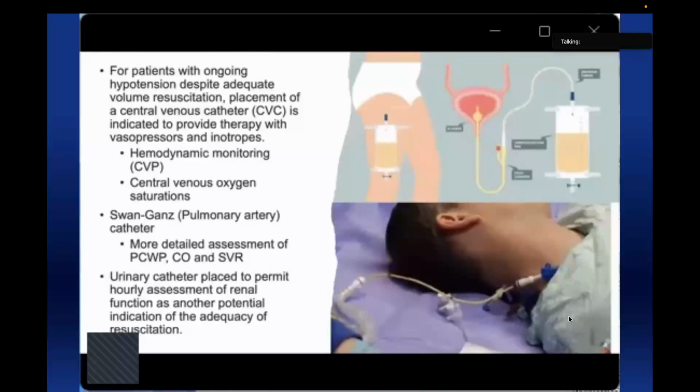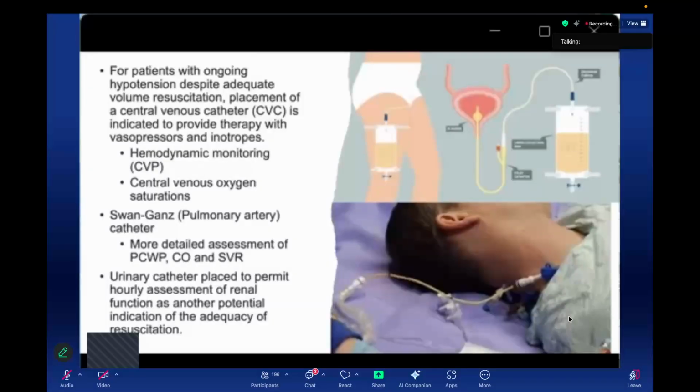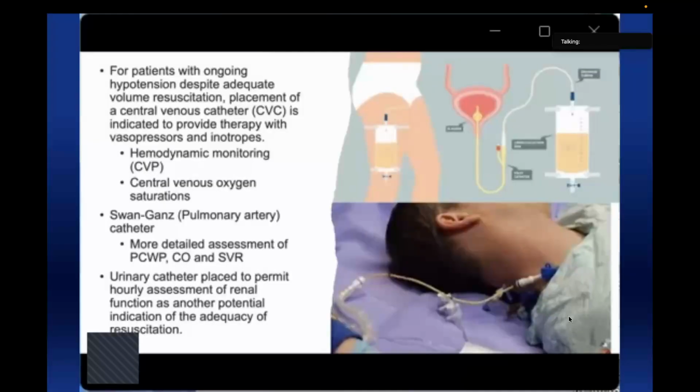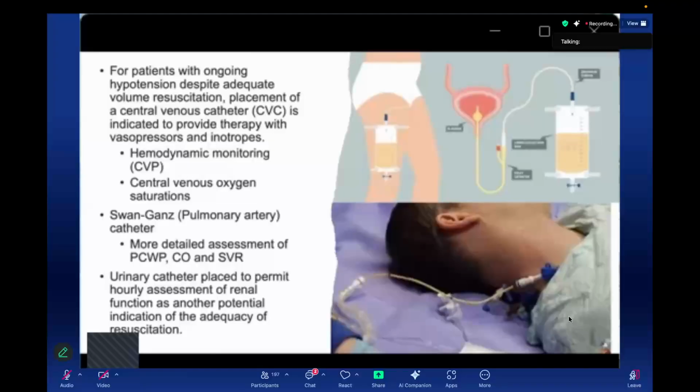And me, as an intensivist, I usually advocate that doctors or their attending doctors insert a central line or a central venous catheter that can provide you therapy with your vasopressors and inotropes, and can also give you accurate hemodynamic monitoring, because you can insert a Swan-Ganz catheter or a central line.